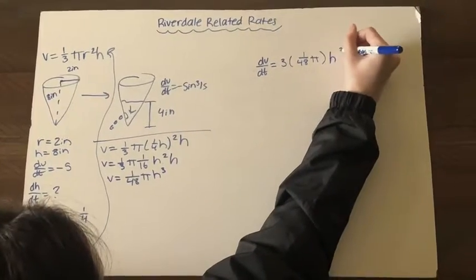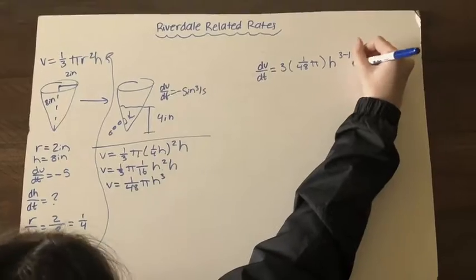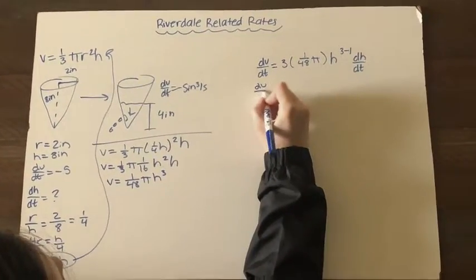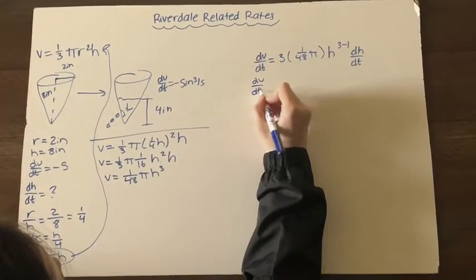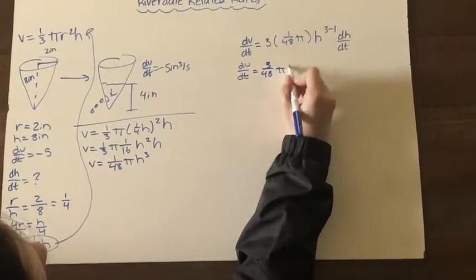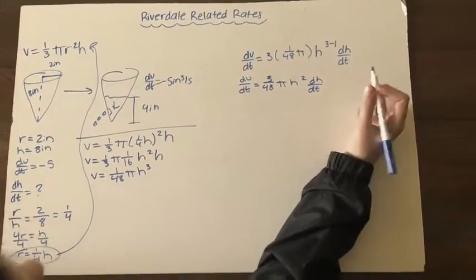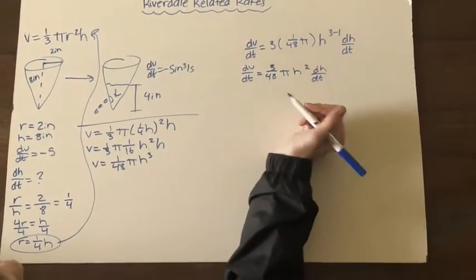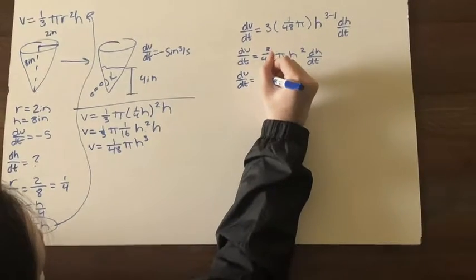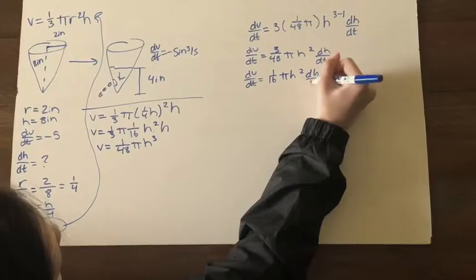So h cubed becomes h squared, times the derivative of h, so dh over dt. So dV over dt is equal to 3/48 pi h squared dh over dt. And 3/48 can be simplified to 1/16. So dV over dt is equal to 1/16 pi h squared dh over dt.